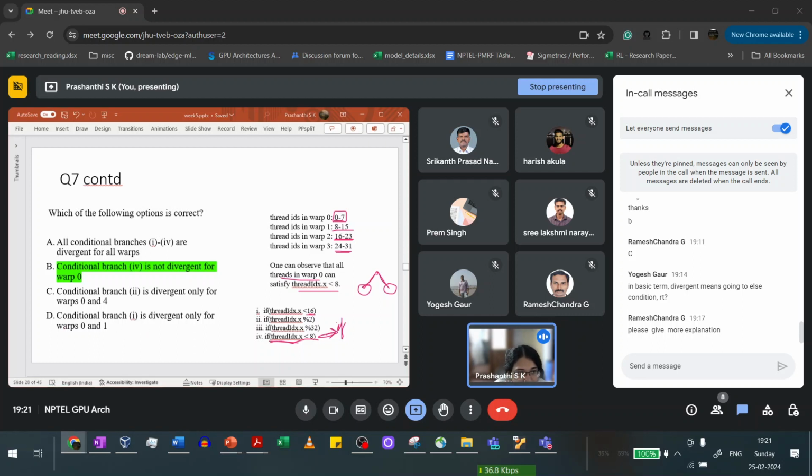Now, is this clearer? Okay, great. I'll just pause here for a few more seconds. People who still have a doubt, try to go through this and see if it makes sense. And then we'll move to the next question.